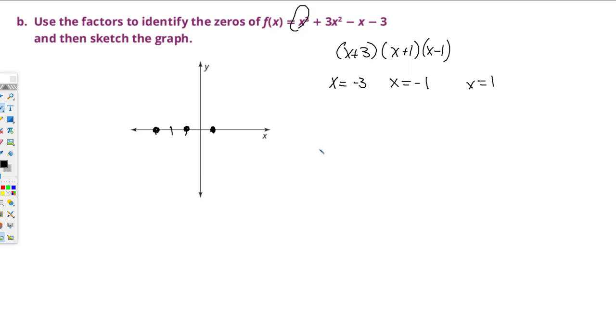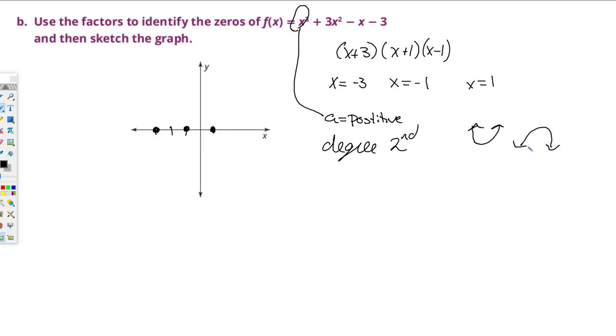My leading coefficient is positive, so A was positive, and my degree is 2, or the second degree. That means I have a parabola. I'm either going to have a parabola up or a parabola down.